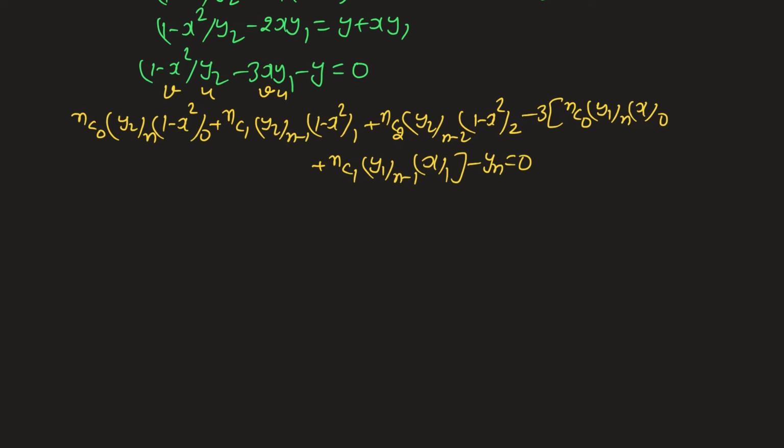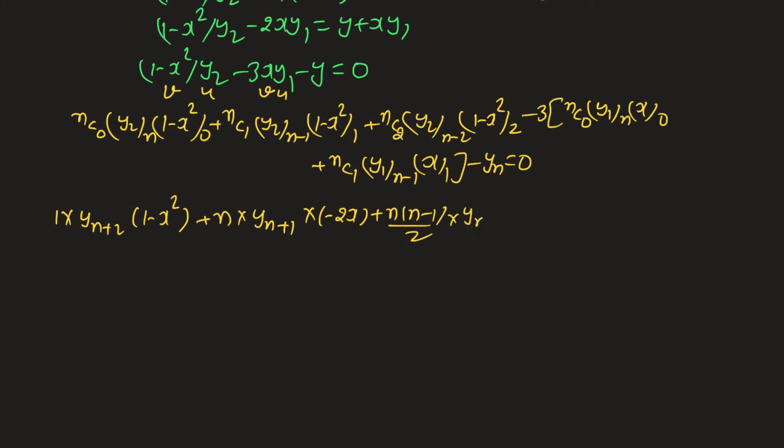Now we write it further. Substitute the various values. y_{n+2} (1 minus x square) plus n y_{n+1} into minus 2x plus n(n minus 1)/2 into y_n into minus 2, minus 3 [y_{n+1} into x plus n into y_n, differentiation of x with respect to x will be 1] minus y_n equal to 0.